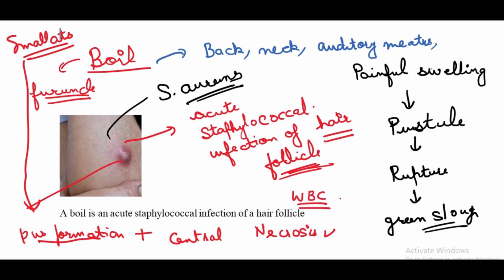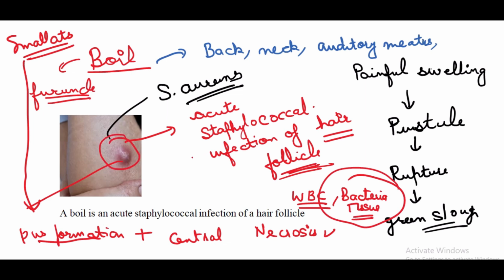The pus is formed from dead WBCs, that is white blood cells, bacteria, and tissue. What are the visible signs of a boil on the skin? The area appears red, swollen, with a painful lump that may be filled with pus.